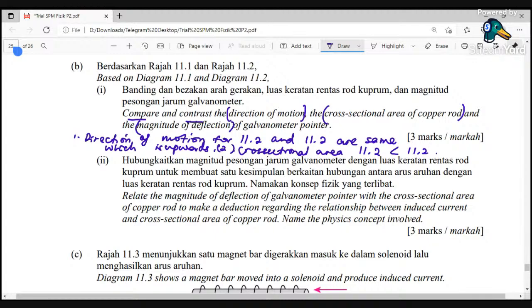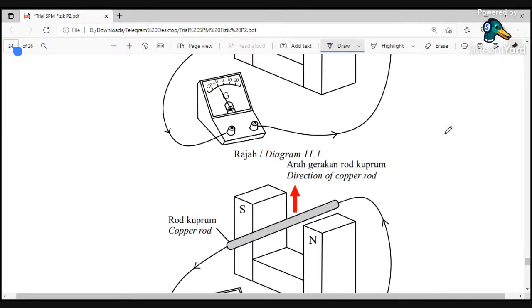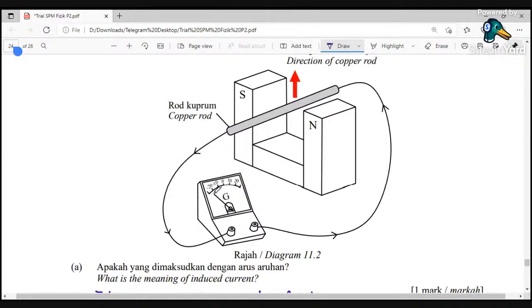Okay. Deflection. Okay, deflection ini negative 10, ini more than negative 20. So this one deflects more.